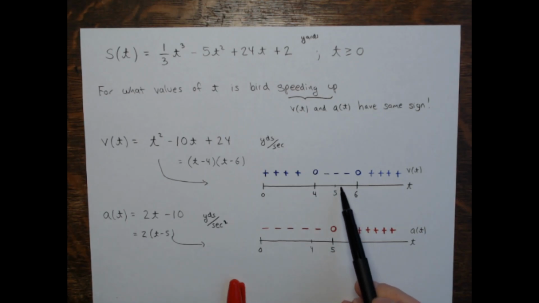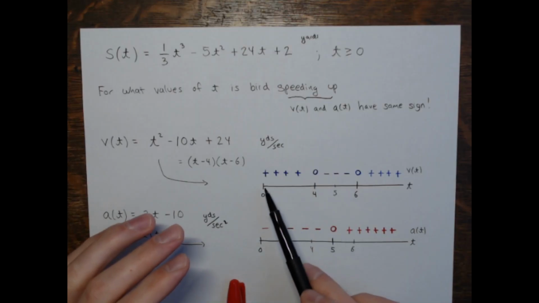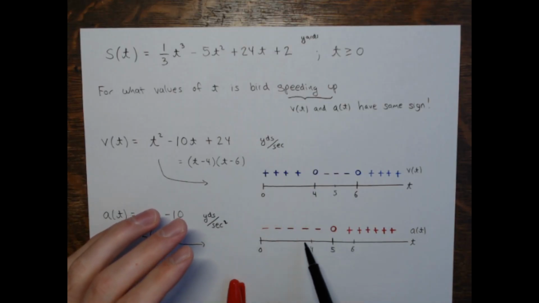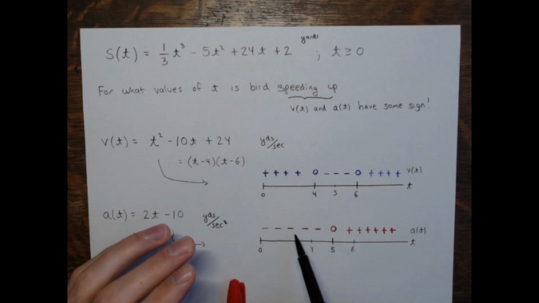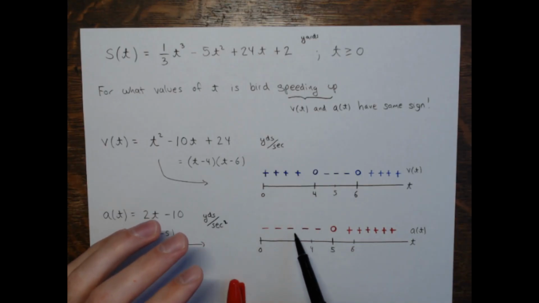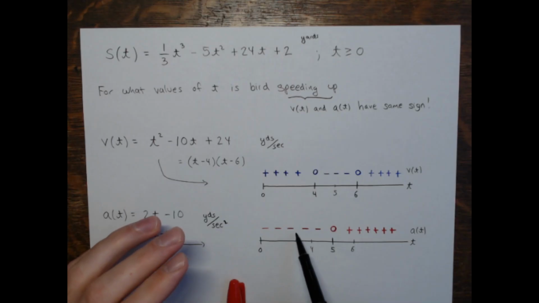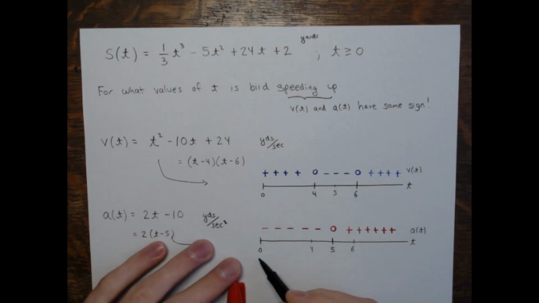So again, we go left to right. Like I said, the first 4 seconds, velocity and acceleration have opposite signs. So the bird is going against the wind, getting slowed down. All right, so I'll highlight that here. First 4 seconds, bird is getting slowed down.